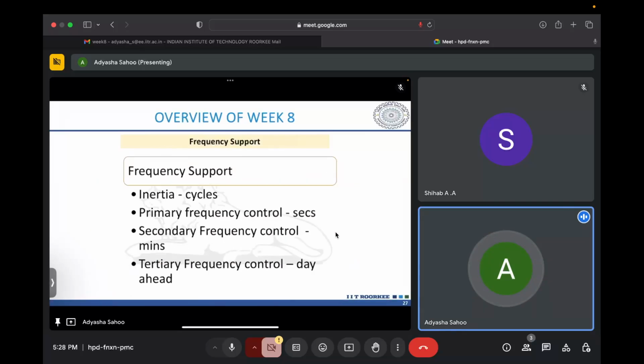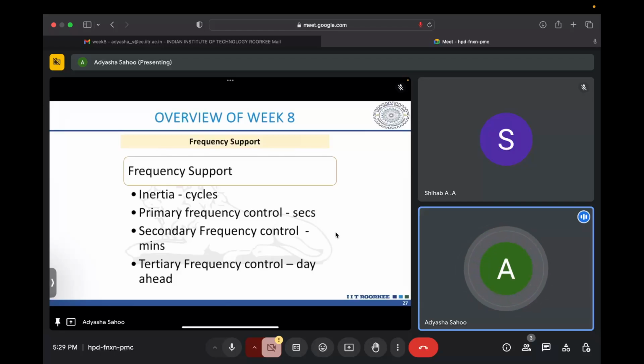Next we will come to frequency support. What happens whenever there is a frequency mismatch in the system? Let's say the generation is not matching with the load.